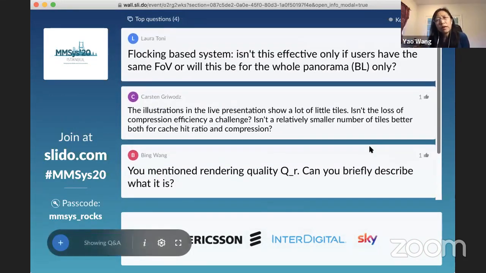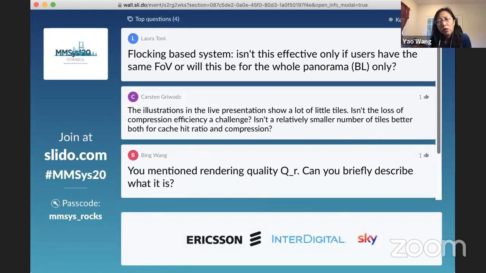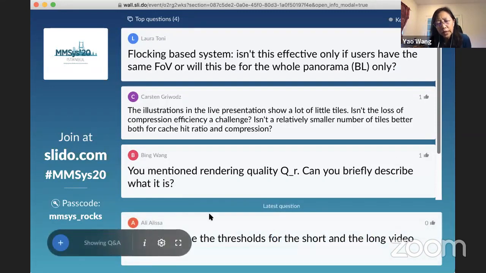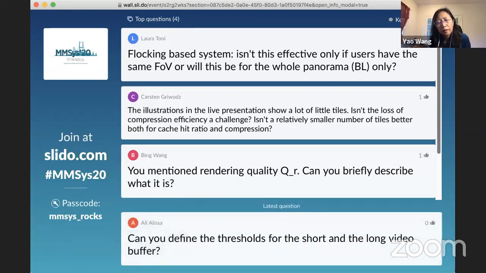No, we don't require all the users to have the same FOV. In collaborative prediction, we make use of the FOV of other earlier viewers, but we still use the history of the target viewer. So we use both to predict. And all the other users may not have the same FOV, right?